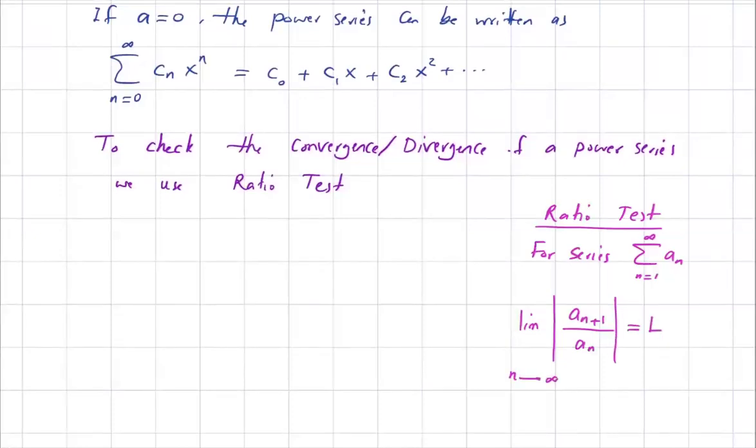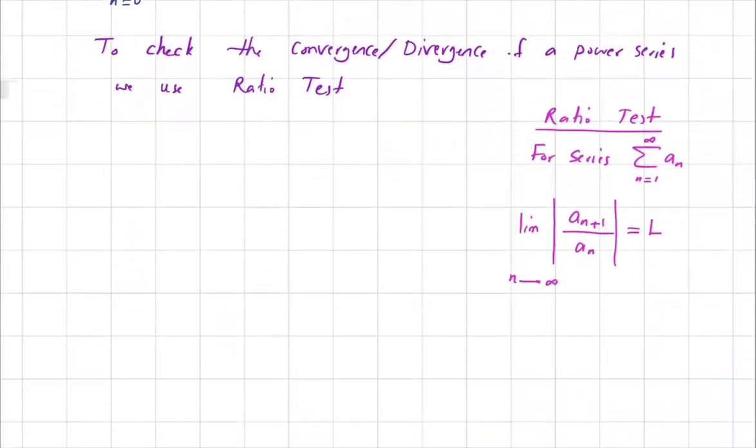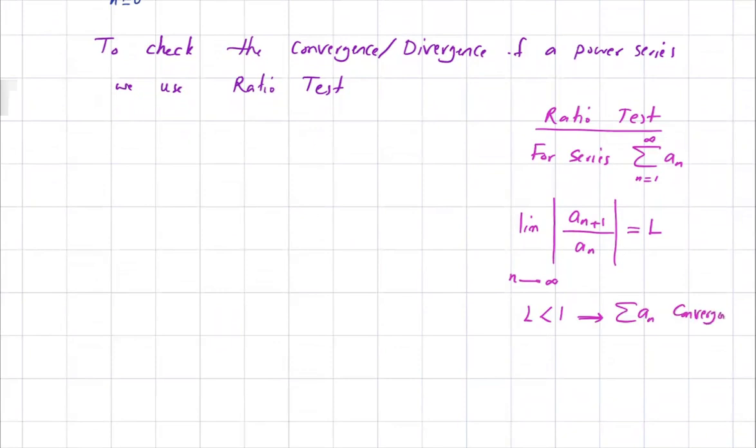This ends up with a limit L. If L is less than 1, then we say that the series is convergent. So we're going to use the ratio test and check the convergence and divergence of the power series.